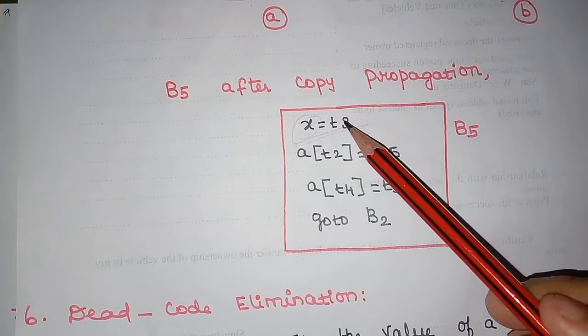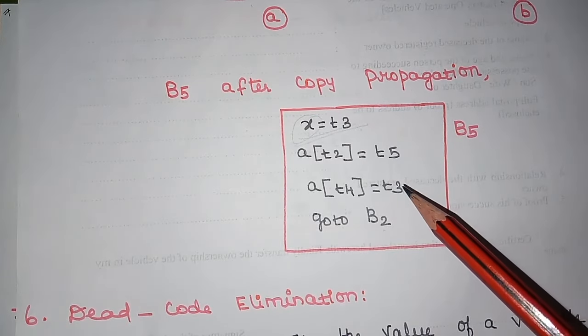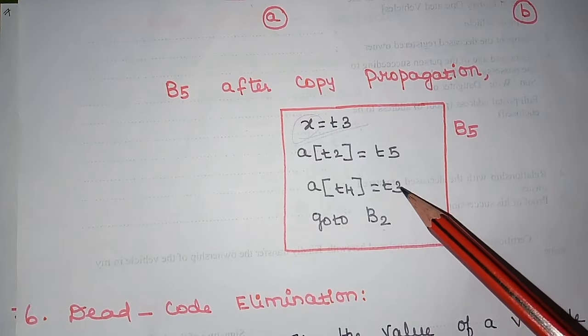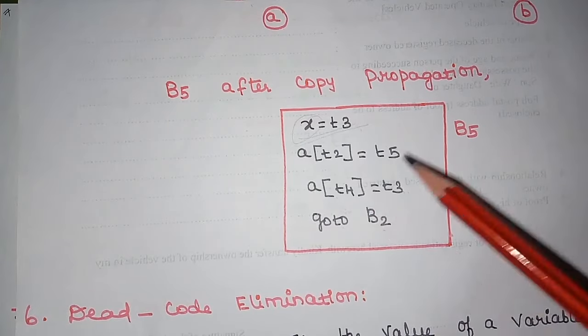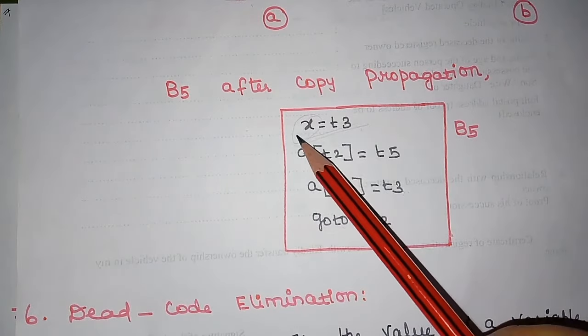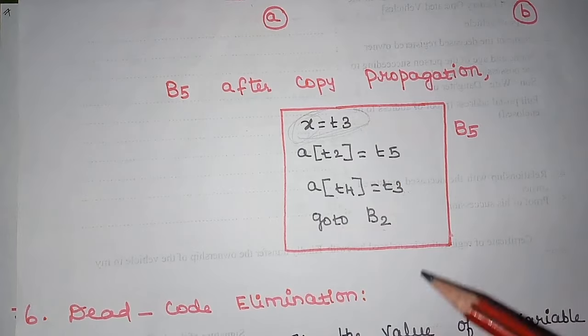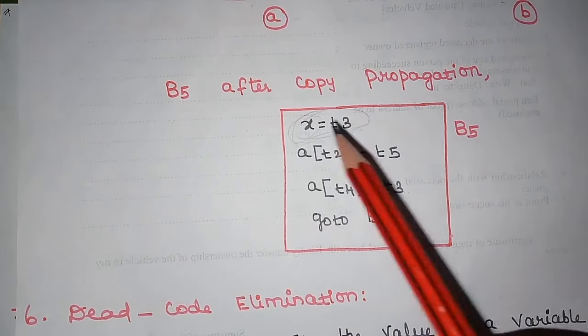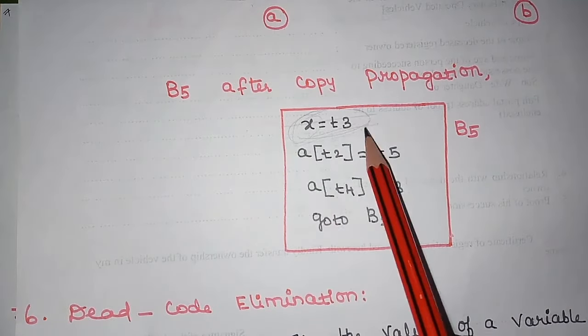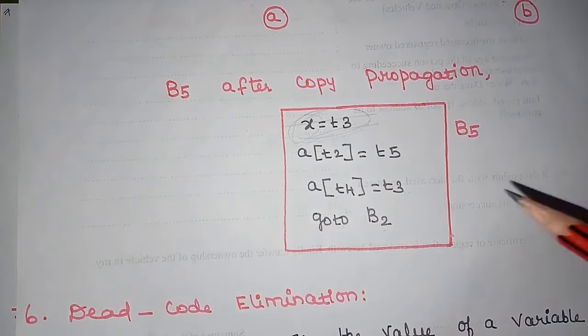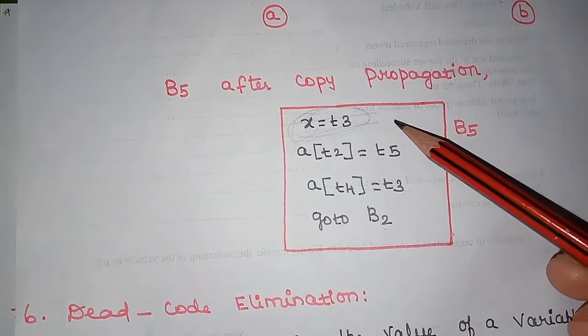We can directly assign this t3 to a of t4. This statement does not have any use in this block, so we can eliminate it, and it is considered dead code inside this block.